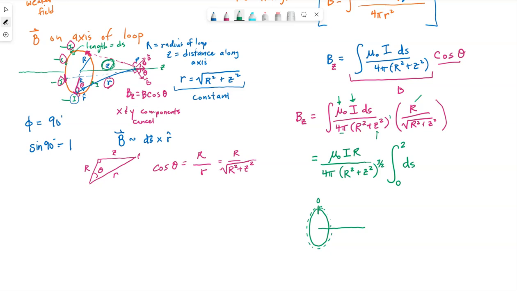So 2 pi r is the distance I have to travel to account for every single piece of this loop.